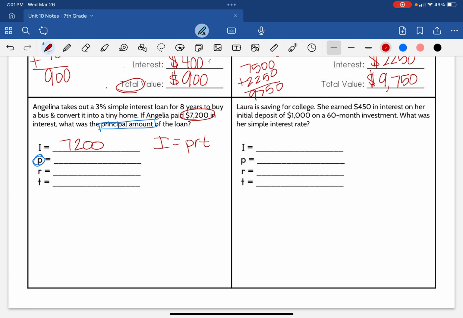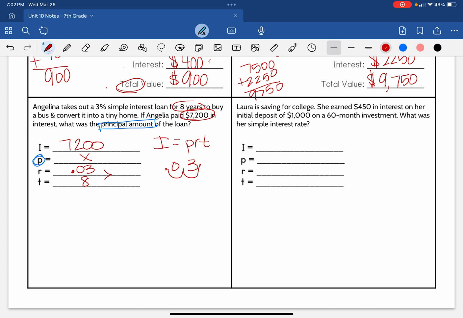So I don't know this one. I do have a 3% interest rate, which if I move my decimal 2 places, I will get 0.03 as a decimal. And it says 8 years, so my time is 8. This is X because I don't know. So we're going to solve for X. We're going to do it just like we would if this was a multi-step equation, okay?